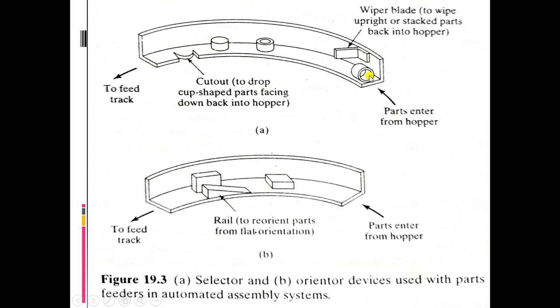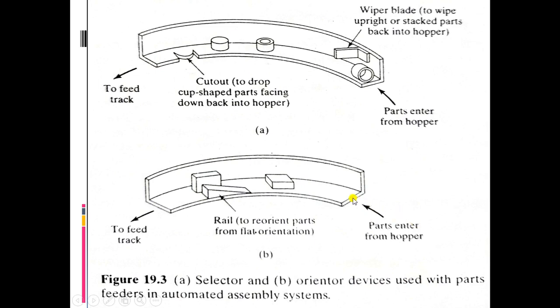Here the part will enter from the hopper, and from here it will come out. It will go to the feed track, and this is the orienter device that is used with parts feeders in automated assembly systems.